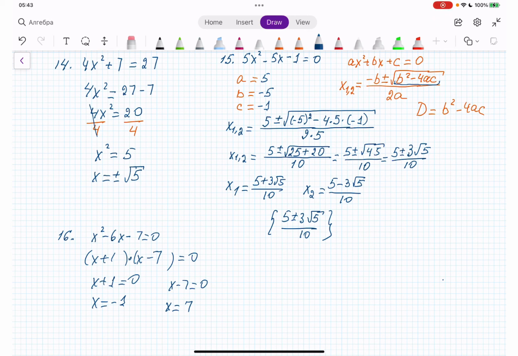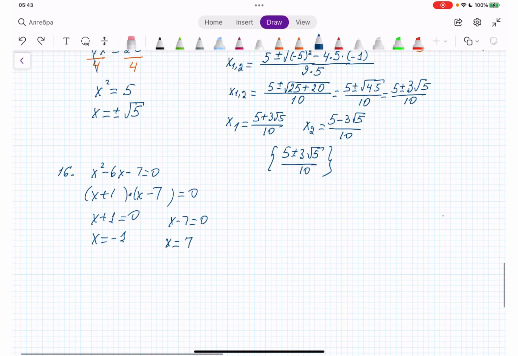Now, if it's asking in this case how much our discriminant is, so we need, I'm going to write down our discriminant, D is equal b squared minus 4ac.